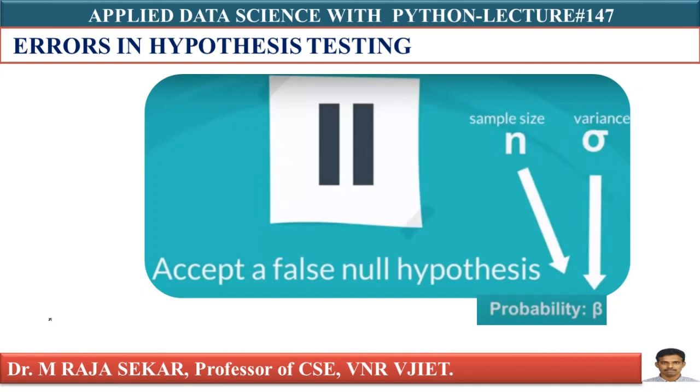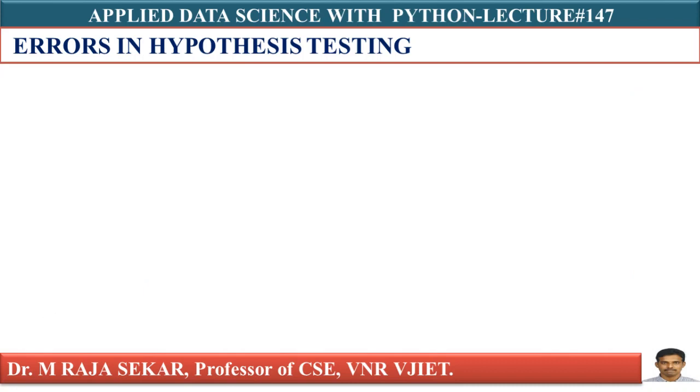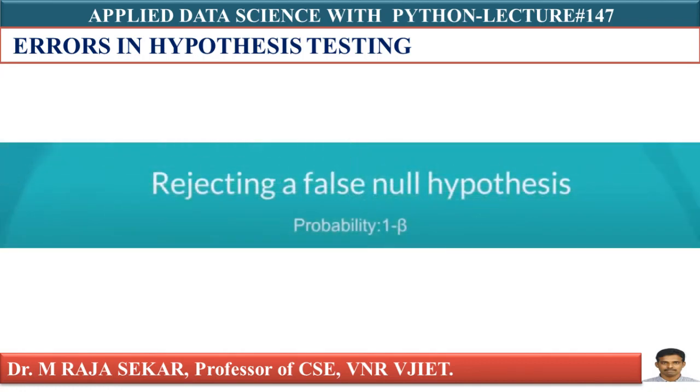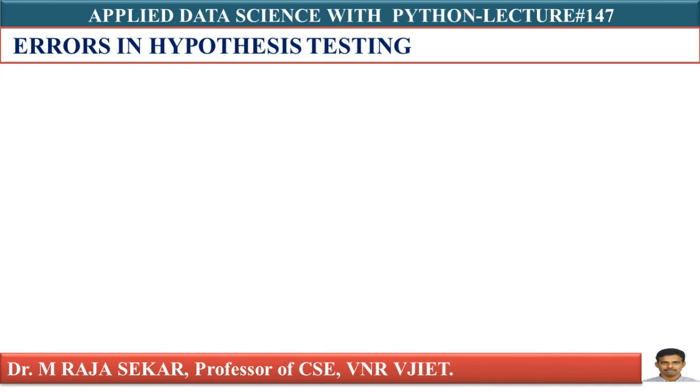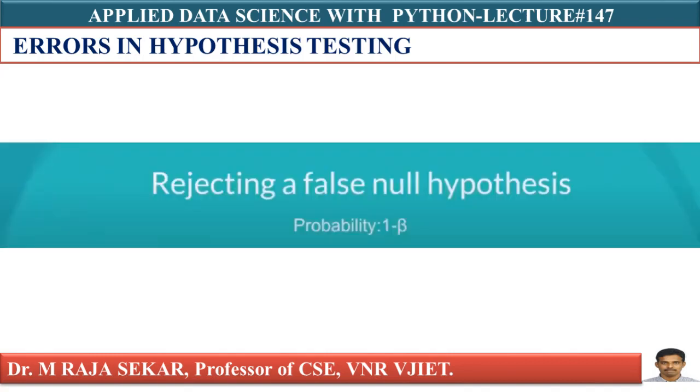We should also mention that the probability of rejecting a false null hypothesis is equal to 1 minus beta. What is 1 minus beta?